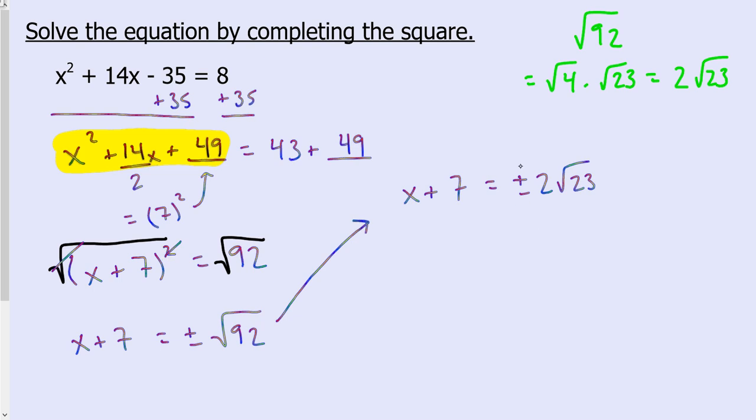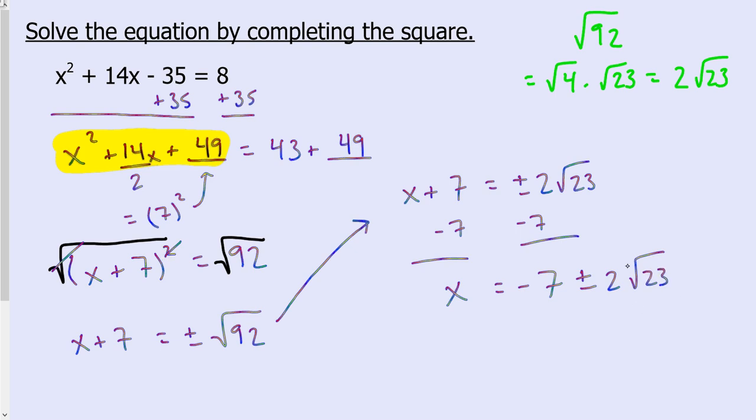Okay, normally I'd go through and tell you to split it up into a positive case and a negative case, but I can't actually add a value of 7 to a value of 2 root 23. So what I can do is just subtract 7 from both sides, okay? So this is just x, and this is literally just negative 7 plus or minus 2 root 23, okay?